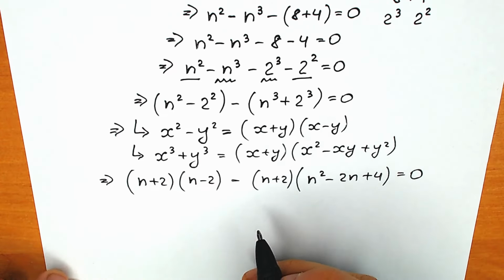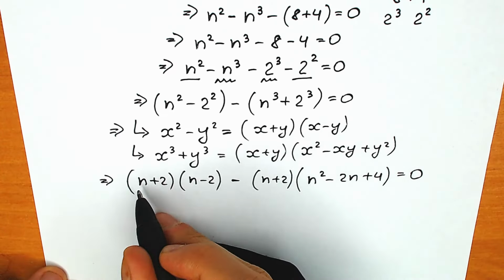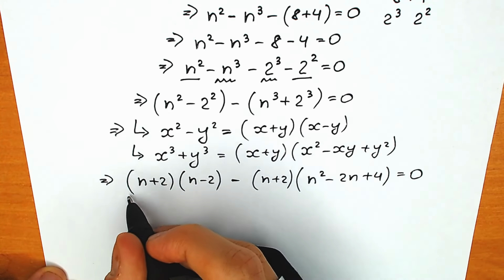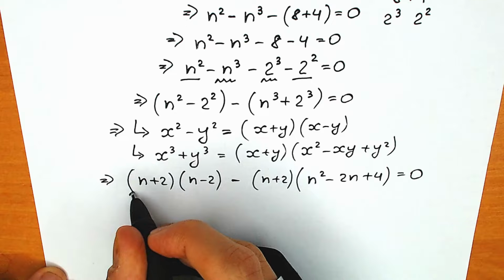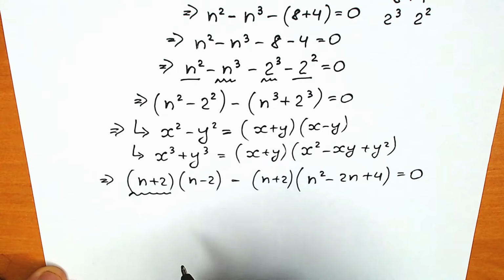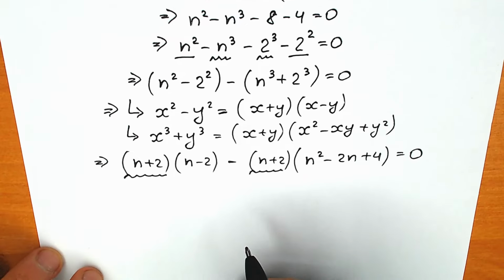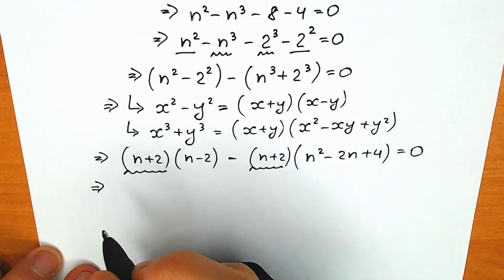Right now, let's see it from a different angle. We have parentheses, we have subtraction, we have multiplication, so according to basic algebra knowledge, we can easily factor out n plus 2. We have n plus 2 here and n plus 2 here, a common expression.